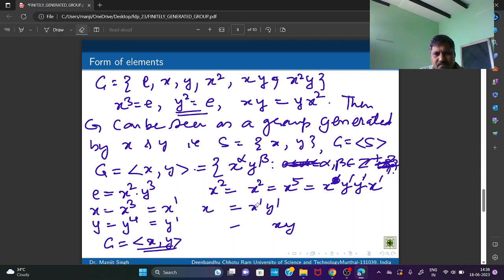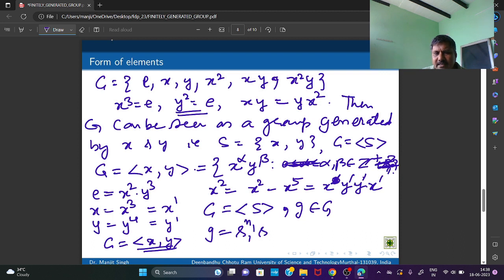So elements of such groups, as we have seen, can be written like this: if G is a group generated by this set S, and g is an arbitrary element of G, then g can be written as s1 to the n1, s2 to the n2, up to sk to the nk, where the si are elements of G which are in S and the ni are integers.